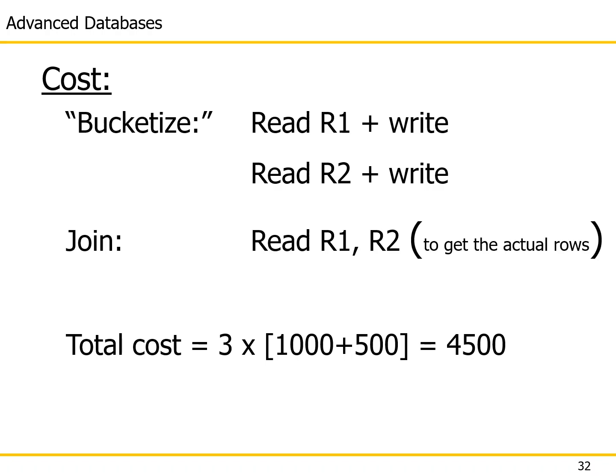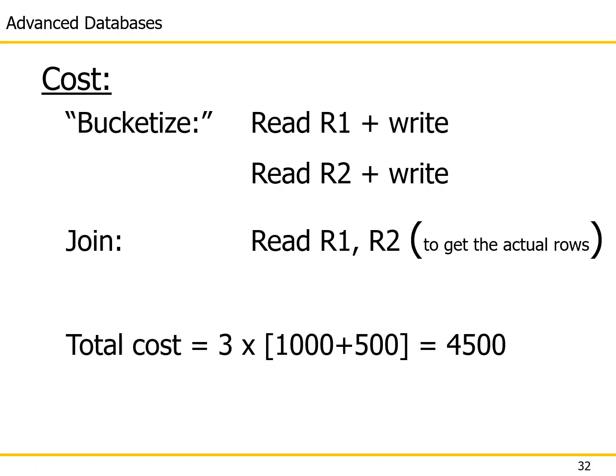Generally, it's 3 multiplied by the sum of the sizes of the 2 relations. So the 3 is reading R1, writing the buckets, and reading R1 again to get the row. The first read of R1 was to get the key that I'm inserting into the hash table. The second read of R1 is to get the actual row that has this key to include in the result set.